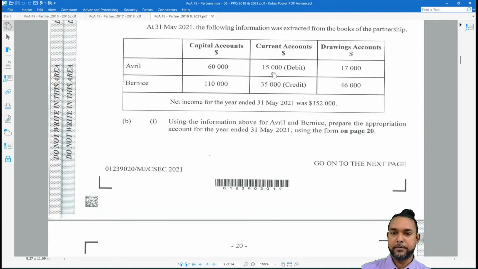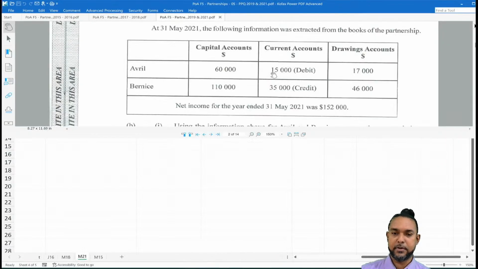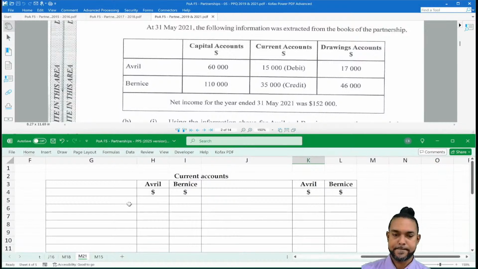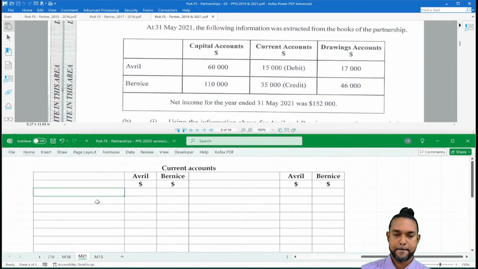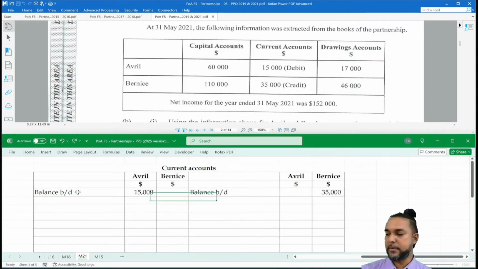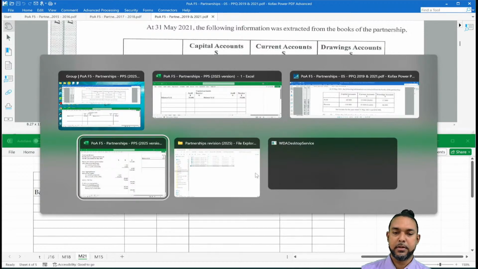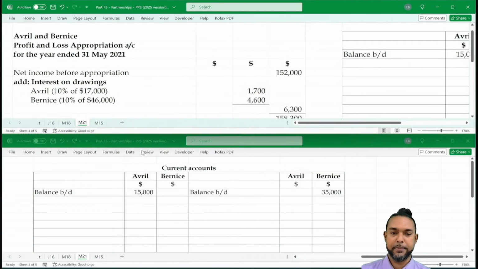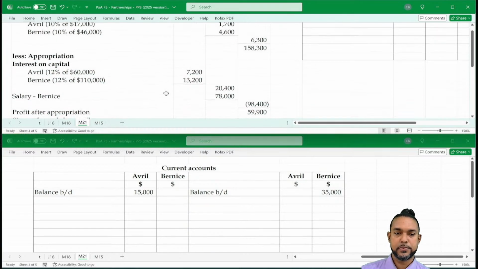So 15,000 on the debit for Avril. And Bernice had a 35,000 credit balance, right? Okay, cool. So now we'll put the appropriation account at the top there. Put it out to 150 or so.